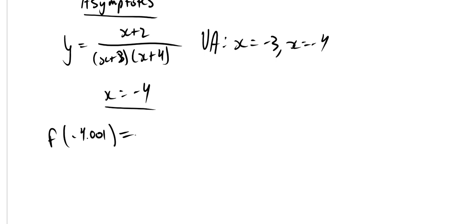Because -4.001 plus 2 is going to be negative. -4.001 plus 3 is still going to be negative. And -4.001 plus 4 is going to still be negative because it's a little bit bigger. You're not quite adding enough to make it not negative. So that's going to work out to negative.